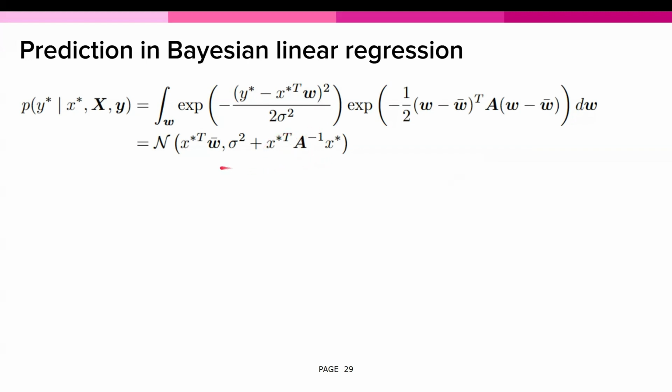So this means that the more uncertain we are about the weight vector, the larger the predictive variance for y star will be.